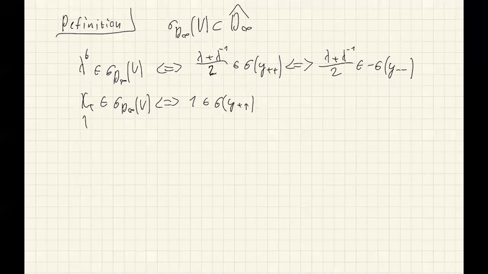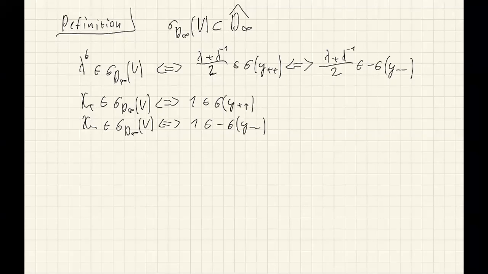He minus is in the spectrum if and only if 1 is in minus the spectrum of Y minus minus, or minus 1 is in the spectrum of Y minus minus. And for Xi, all the same, but with minus 1.